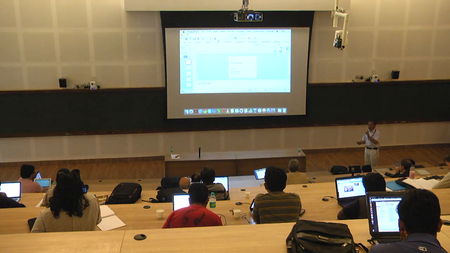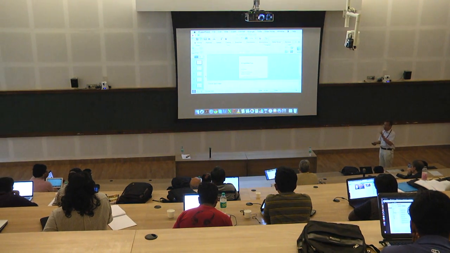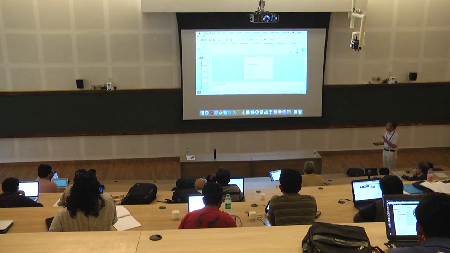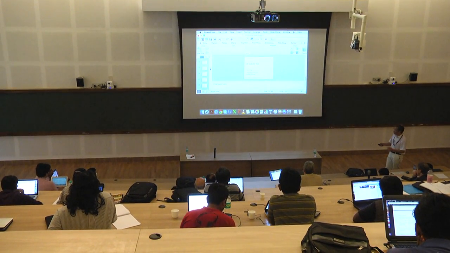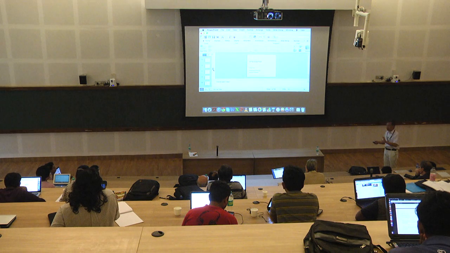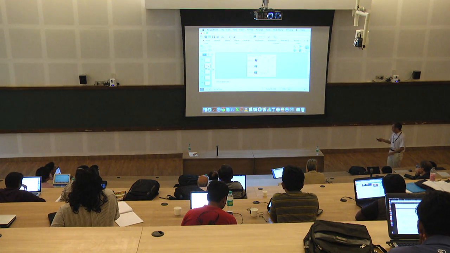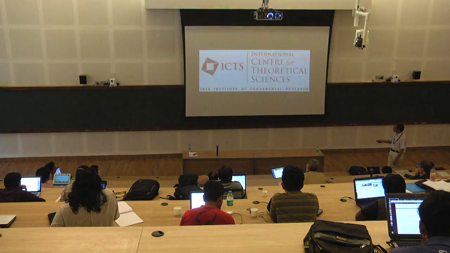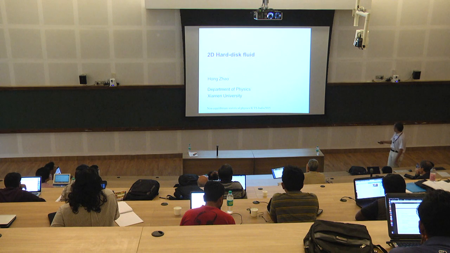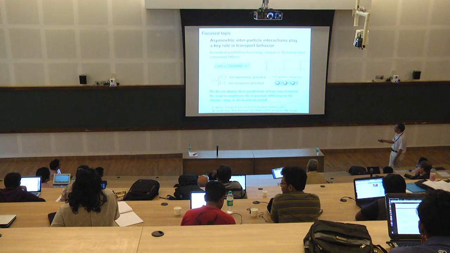The target particle initially carried the momentum, local currents, and other quantities. Then, by studying the relaxation process of these quantities, we can explain. Maybe I can just show the result.